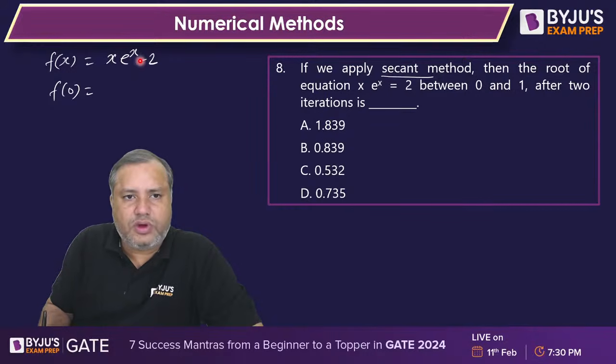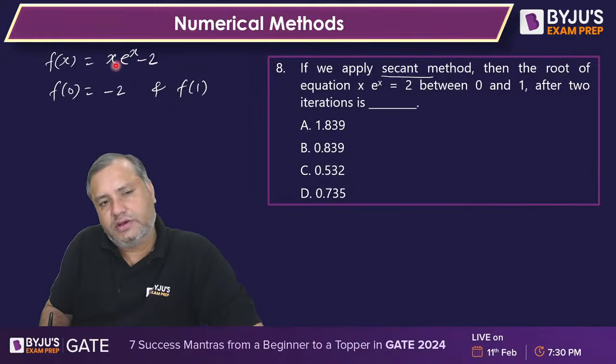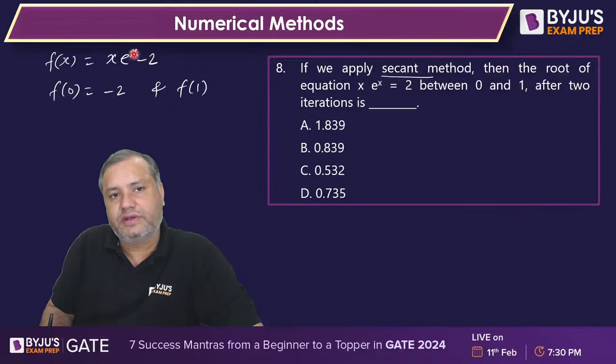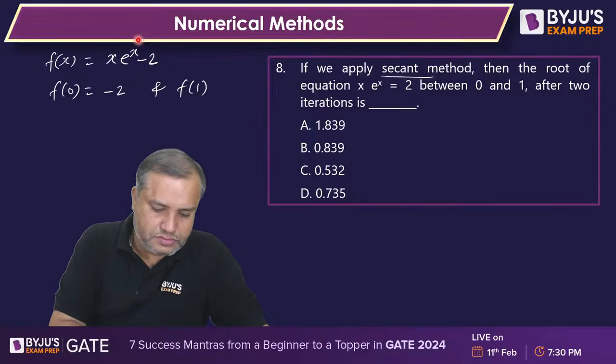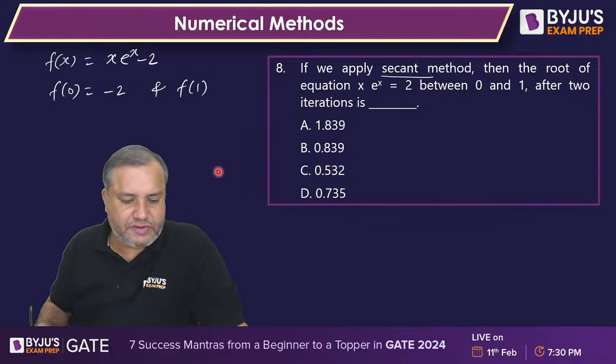When I put 0, I will be getting minus 2. When I put x equal to 1, I will be getting 1 e raised to 1, e minus 2, which is 0.7183.